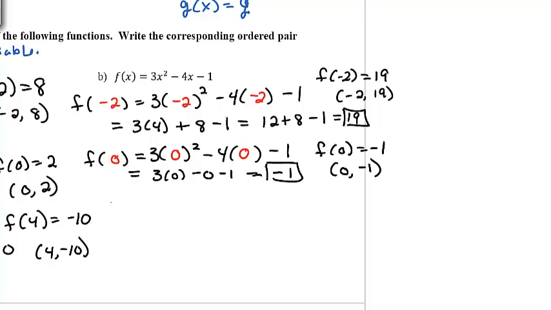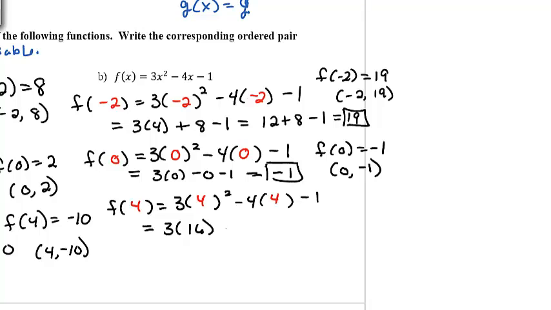And one more to find, and that's f of 4. So write down your shell, 3 times an empty parentheses squared minus 4 times an empty parentheses minus 1. And then we're going to replace where the x was with a 4. So what do we get this time? 4 squared is 16, so we have 3 times 16 minus 4 times 4, which is 16, and then minus 1. 3 times 16 is 48, and then we have minus 16 and minus 1.